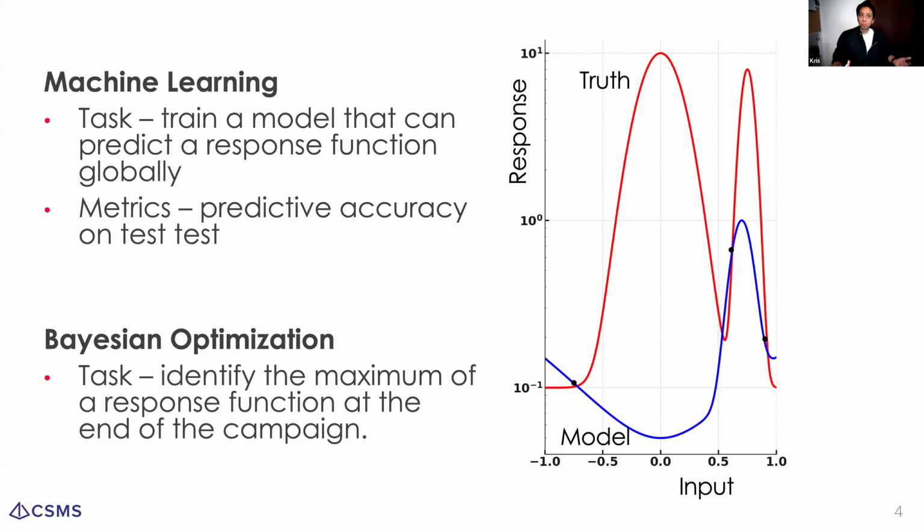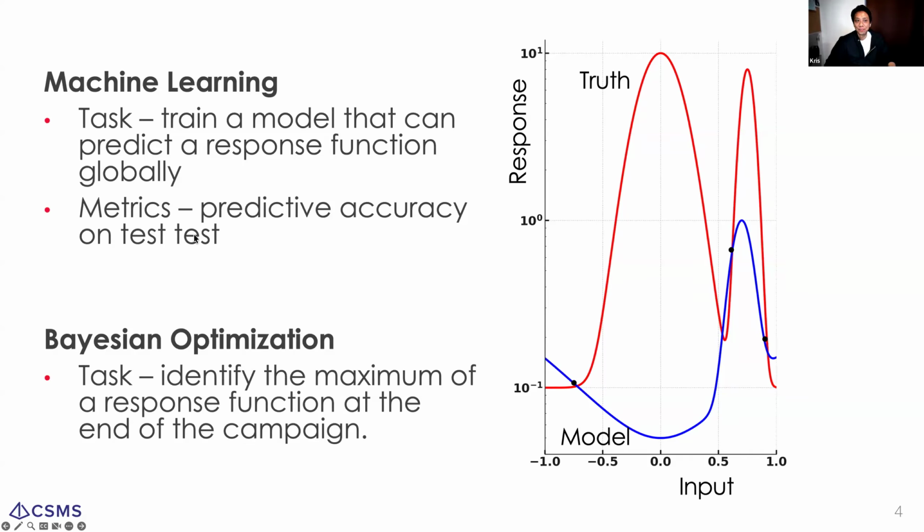You want to be globally accurate, or generalizable. You want a model that can make accurate predictions. So in that setting, where you care about accuracy of your model, that's your metric. You just want to be able to say, for example, what is the accuracy of my model in predicting outputs?